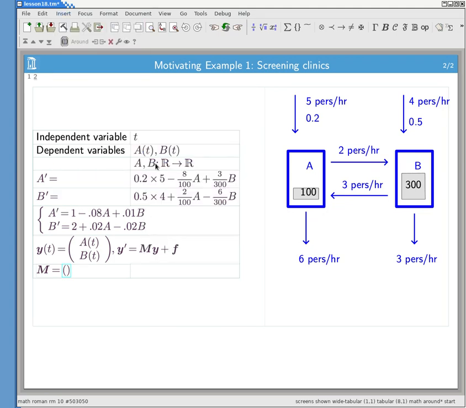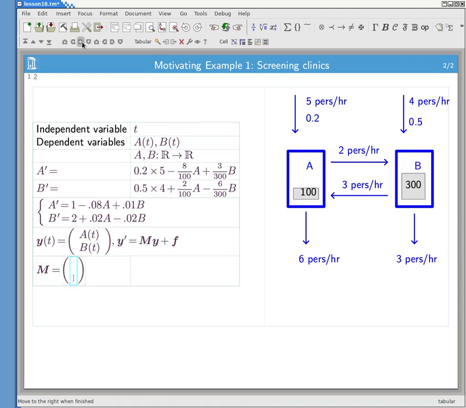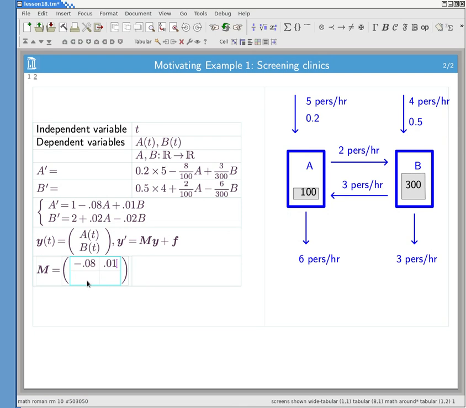This matrix is going to have the following elements. The first element would be the coefficient that multiplies A in the first equation, and of course that's minus 0.08. Then the coefficient that multiplies B, that's 0.01. The coefficient that multiplies A in the second equation, 0.02.